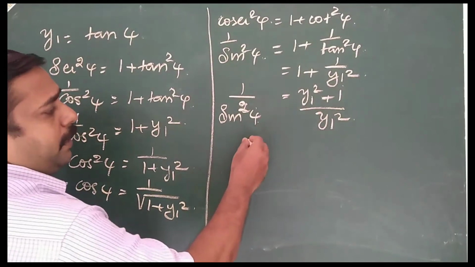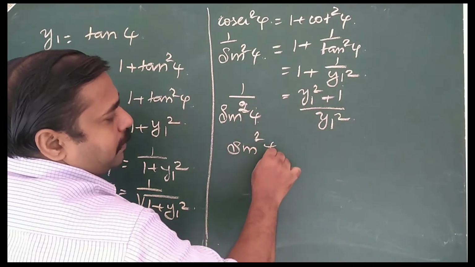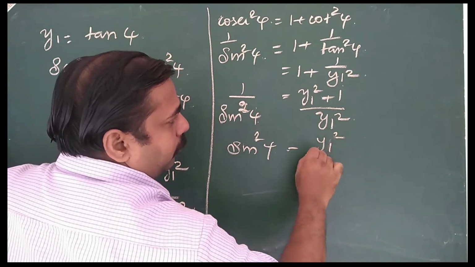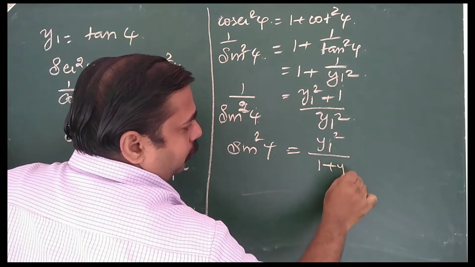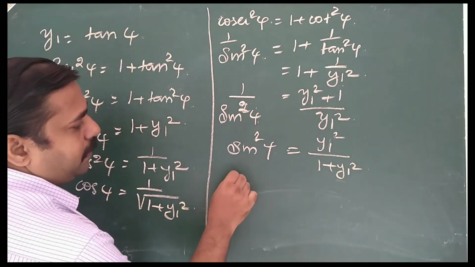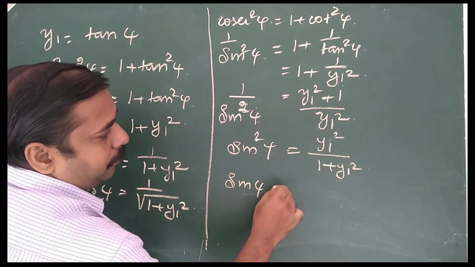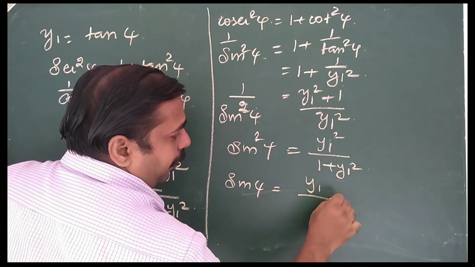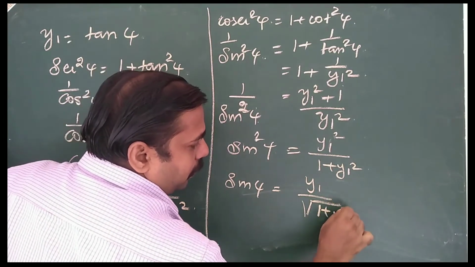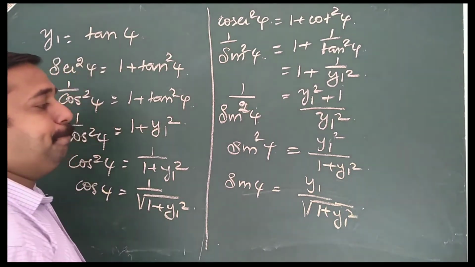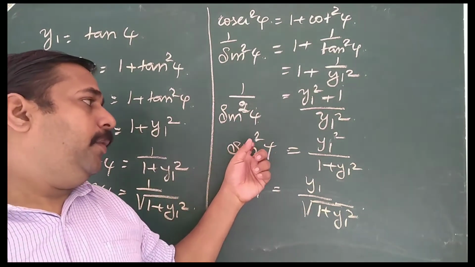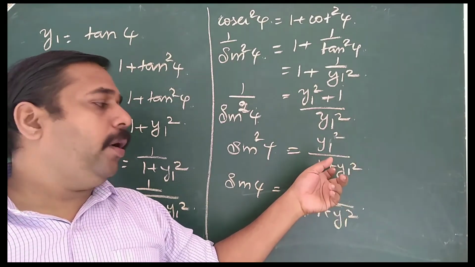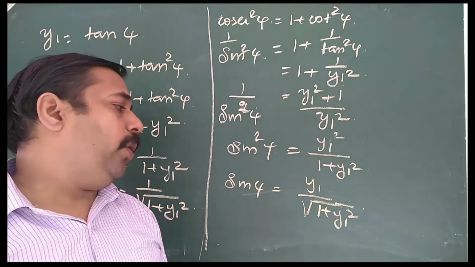So we need only sin square psi. So sin square psi is equal to, taking the reciprocal, sin psi is equal to y1 by root of 1 plus y1 square, because taking square root on both sides, y1 square root is equal to y1 and the other term is root of 1 plus y1 square.